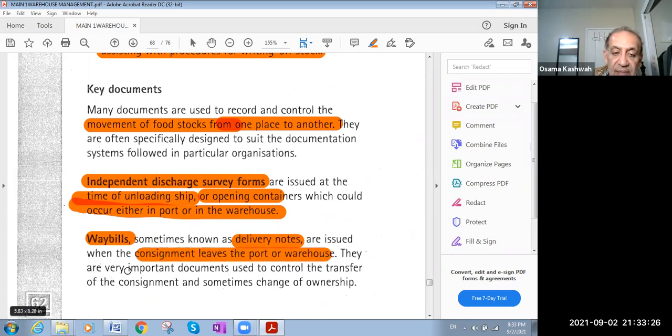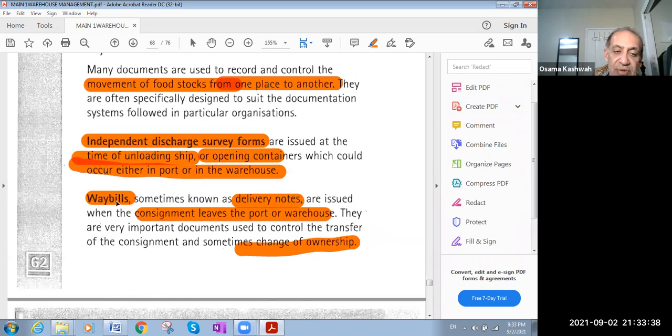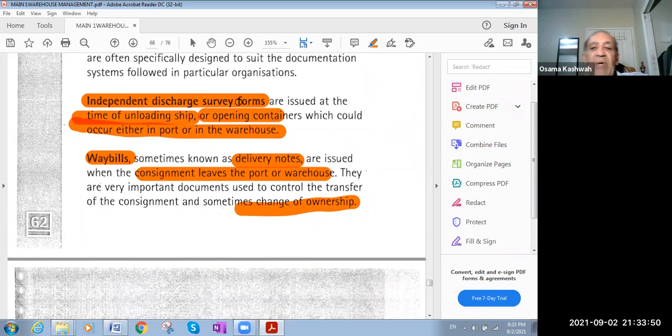They are very important documents used to control the transfer of the consignment and sometimes change the ownership. So this is what we call waybills or delivery notes, the same two names. And this is the second document in the warehousing system.